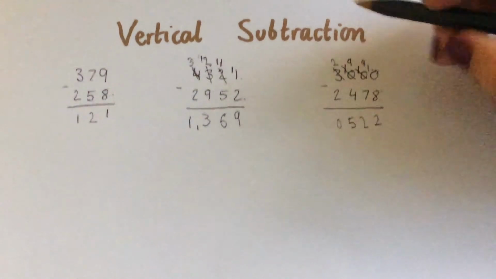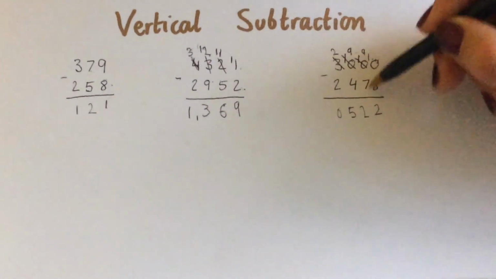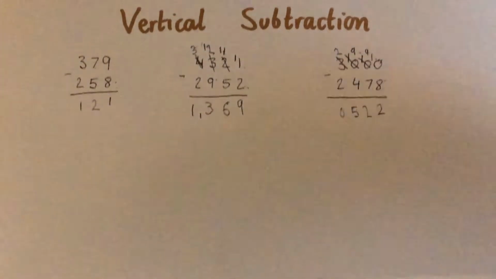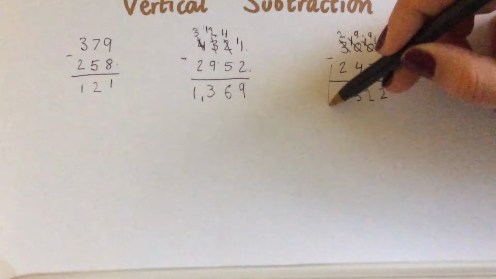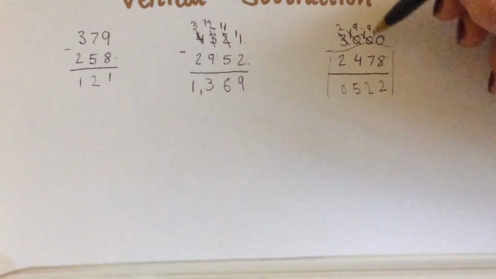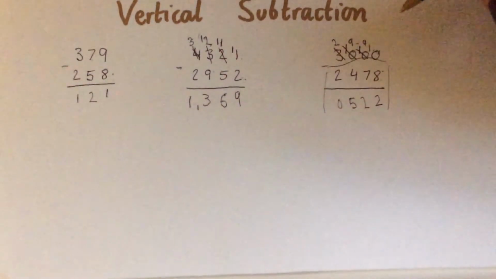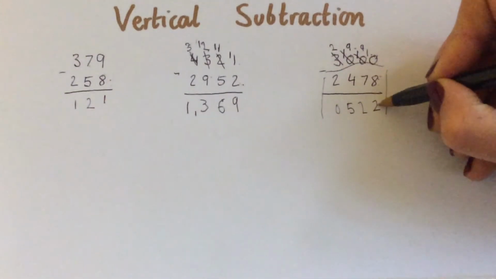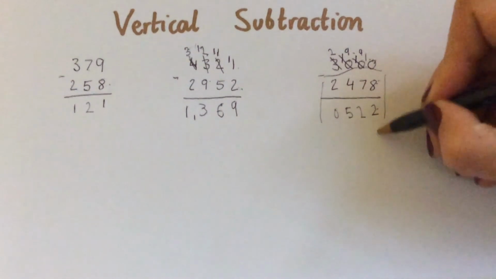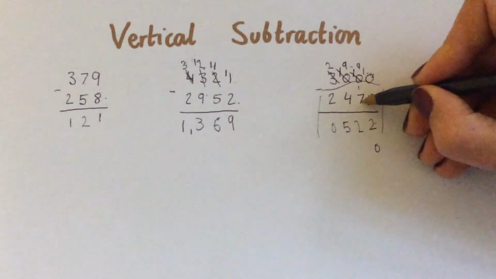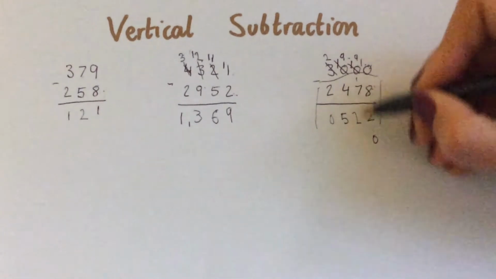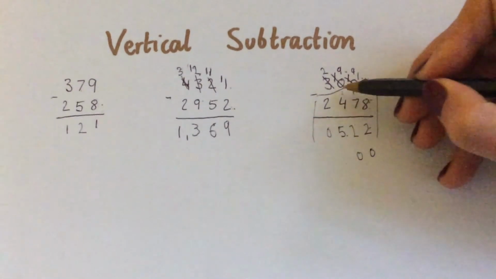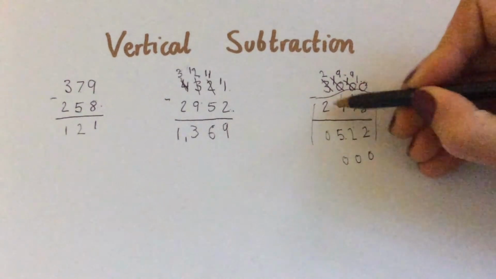And a way that you can check this to make sure that you've got the right answer is by saying, well, if I plussed these two together now, I should get 3,000. Okay, so 8 and 2 is 10. 7 plus 2 is 9 plus 1 is 10. 5 plus 4 is 9 plus 1 is 10.